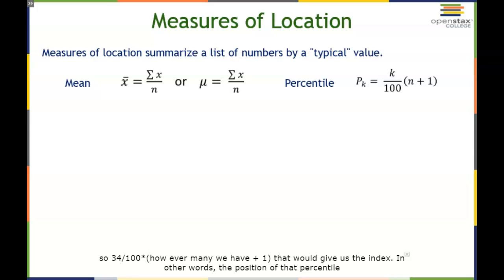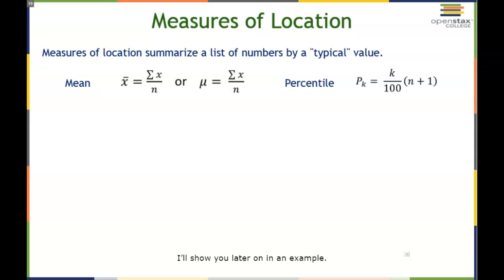That would give us the index, in other words, the position of that percentile value in our list. It's going to give you like a 5, a 6. It might give you a decimal value. If it does, let's say this calculation gives us a 5.1, then you would look at the 5th value and the 6th value, and you would take the mean of those 2 values. I'll show you later on in an example.